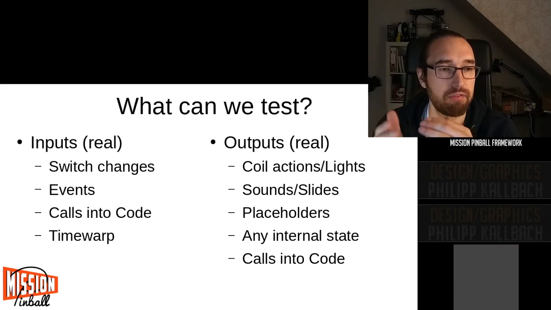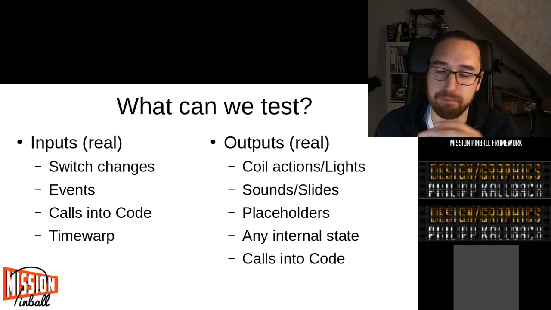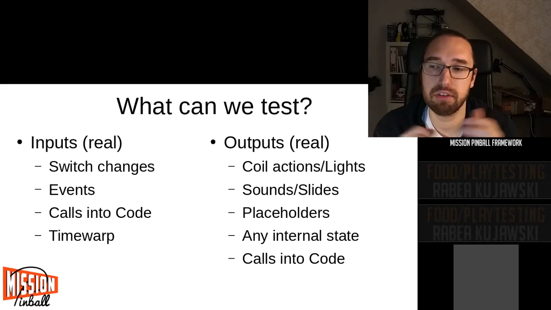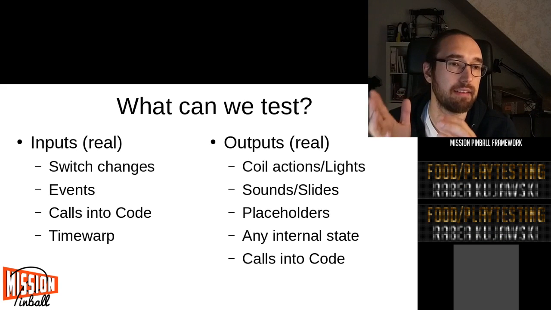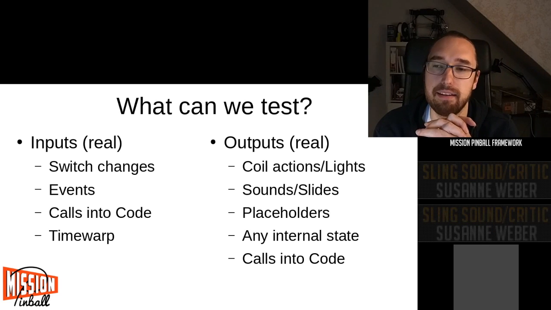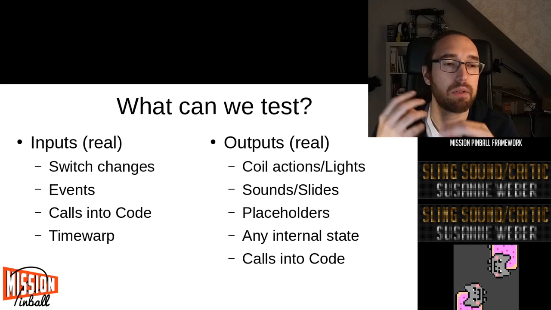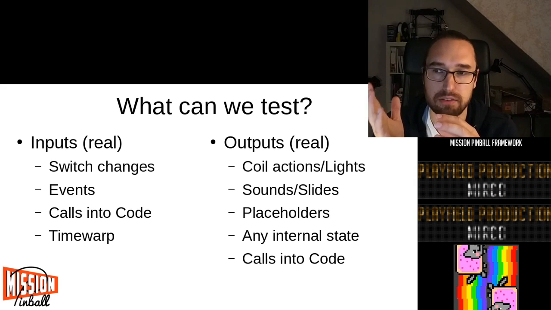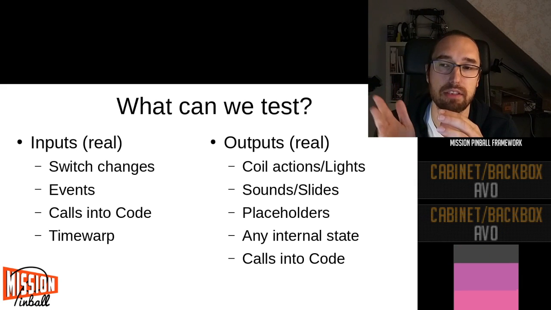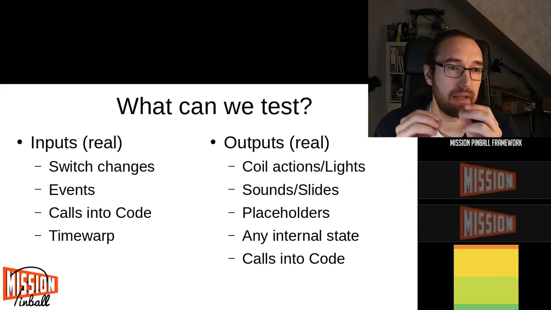So even if activating a mode would take 10 seconds as a player if you're good, in a unit test or integration test, that's just a few milliseconds. And for the outputs, what we can assert on, that's also the coil actions, lights, sounds, slides, but also placeholders.